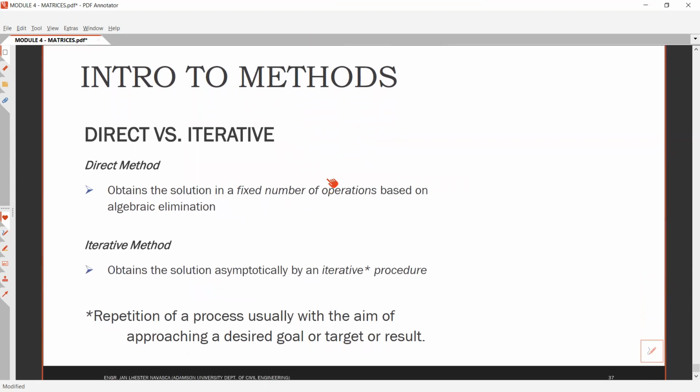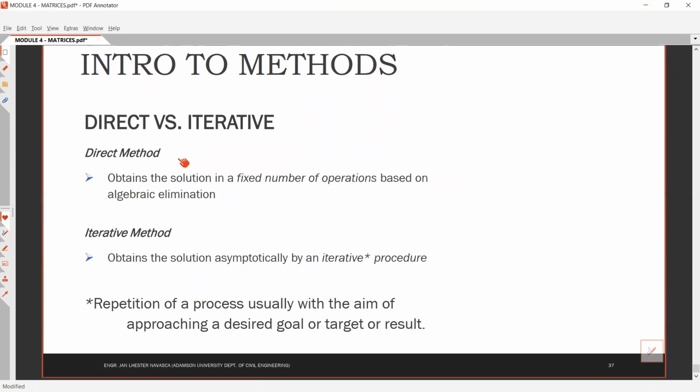So for the direct method versus the iterative method, so for the direct method, it will obtain the solution in a fixed number of operations based on algebraic elimination only. Okay? So parang nagbabalik lang tayo sa algebra na we are eliminating the linear equations into algebraic equations. Okay?